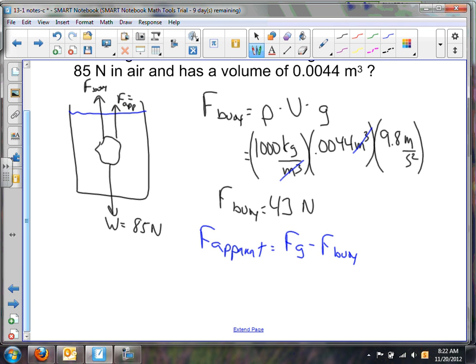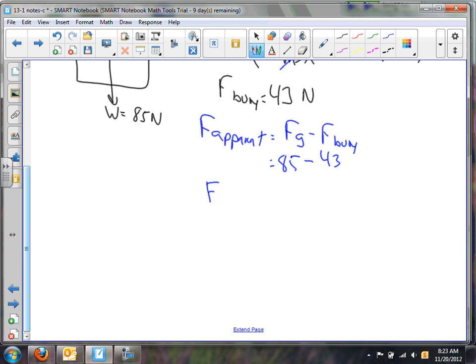So the force of gravity here was 85 newtons minus the buoyant force of 43, and we would get an apparent weight of 42 newtons.